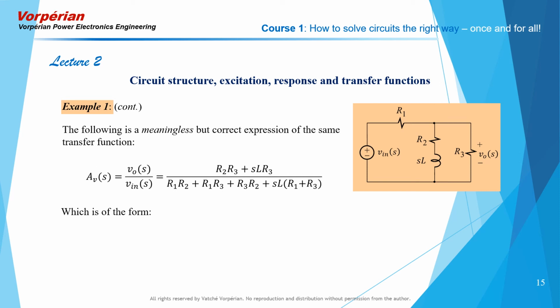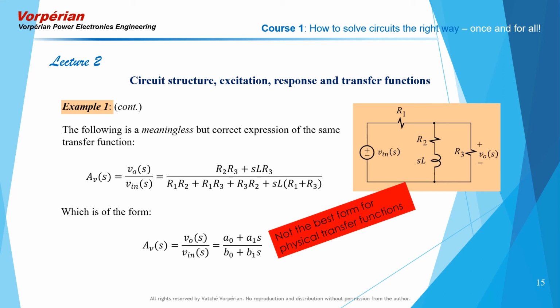It is of the form that you studied in your systems theory class: A0 plus A1 of s divided by B0 plus B1 of s. Not the best form for any physical transfer function, for reasons that should be pretty clear to you by now.